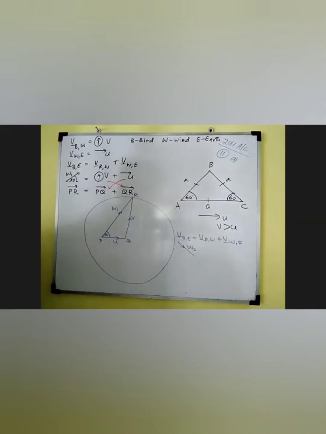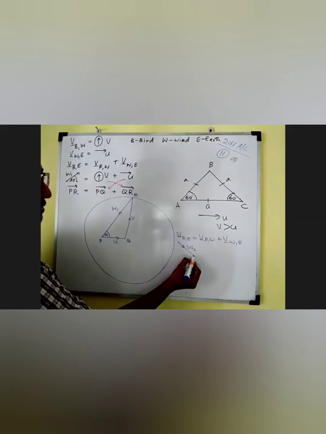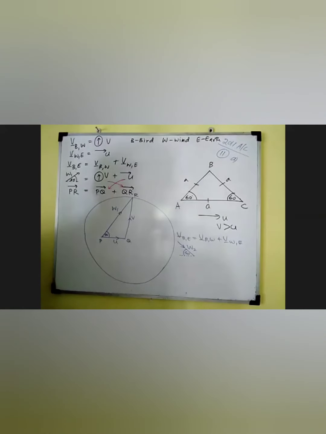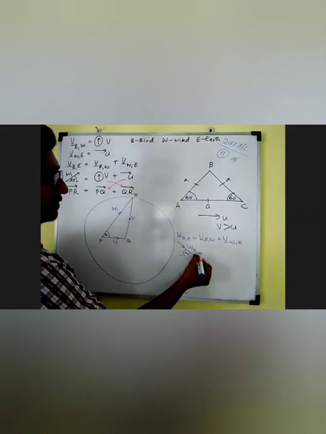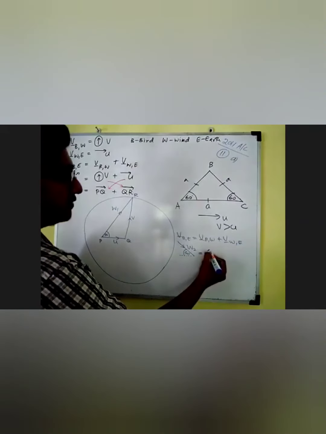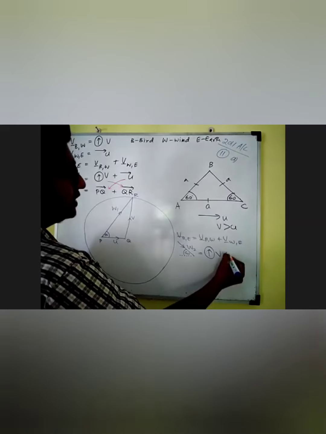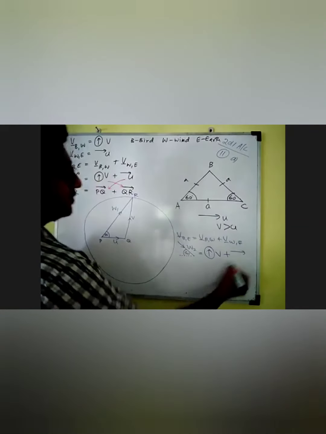Let's take that velocity as W2. That inclination is 60 degrees to horizontal. Then velocity of bird relative to wind, we don't know. It is V. This is U.